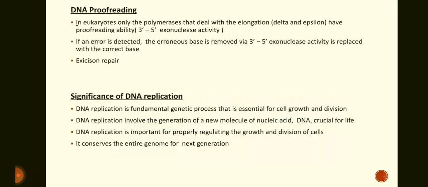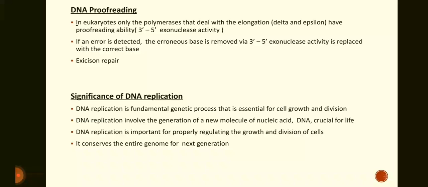Now, the DNA proofreading activity in eukaryotic DNA replication. In eukaryotes, only the polymerases that deal with elongation, that is delta and epsilon, have the proofreading ability, that is 3' to 5' exonuclease activity. It is known as proofreading ability.